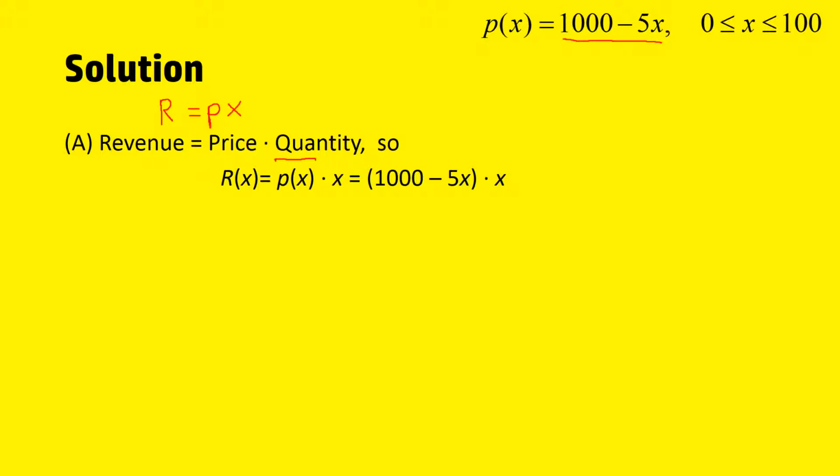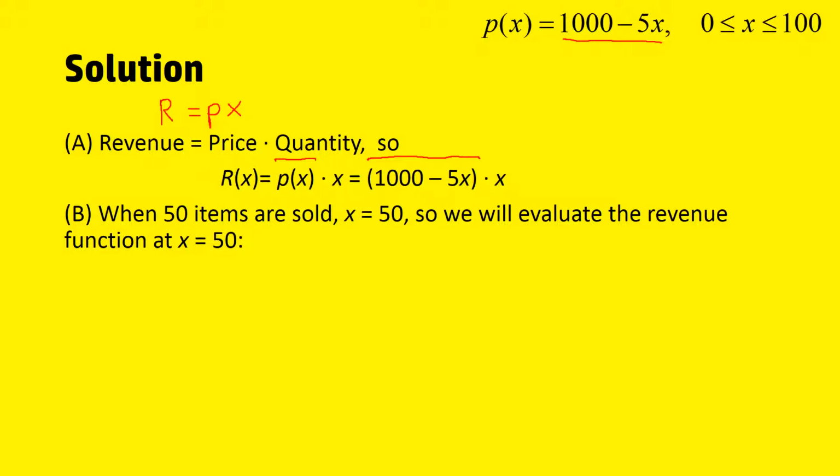And so here's the P, and then you've got X. So price, as was given in the problem, was 1000 minus 5x. There's price times X. So that's a revenue function.